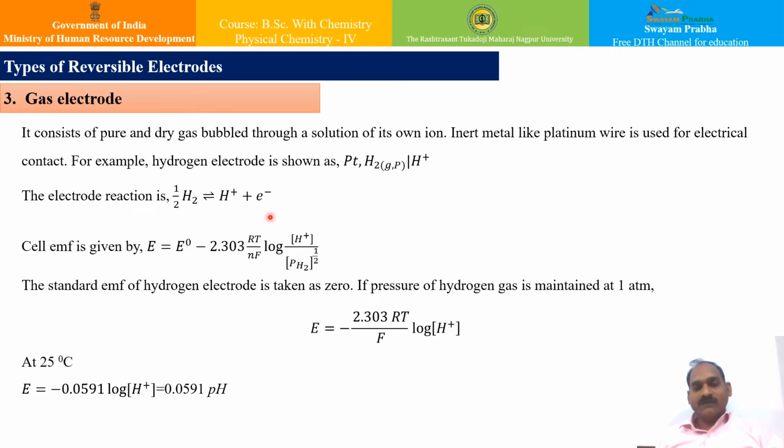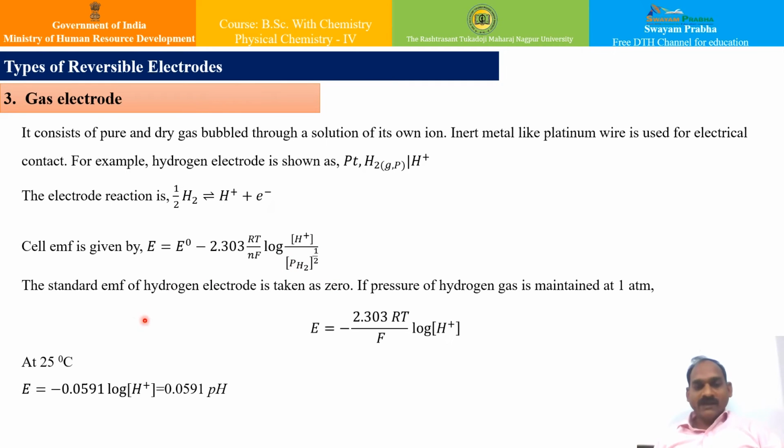If I connect it as the right hand side electrode, again I can write the reverse reaction, that is H plus and electron will give you half H2. In this case, the cell EMF is given by E is equal to E standard minus 2.303 RT upon nF log of H plus upon the square root of pressure of H2.